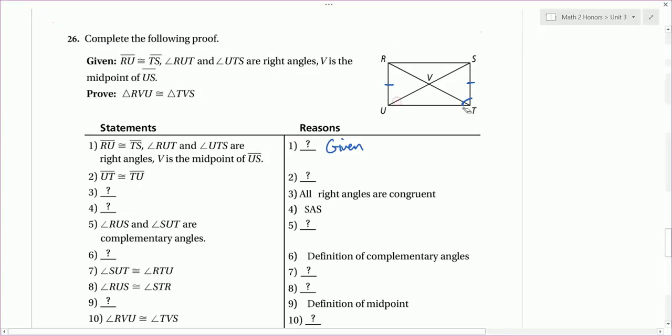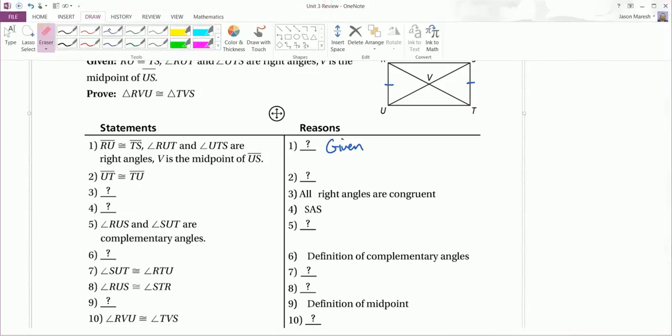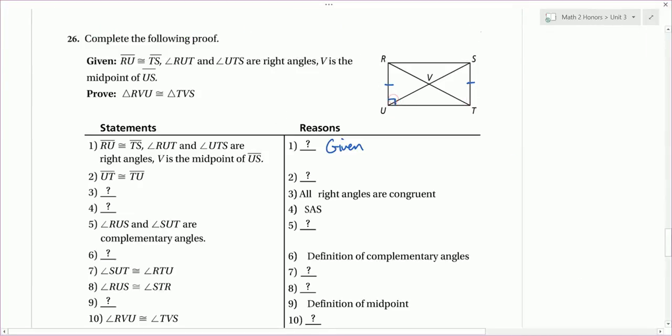So let's draw on the right angles. Gotta keep reading here. Okay, so right angle there, right angle there. V is the midpoint of US. So that would mean that UV is the same length as VS, because V is the middle.